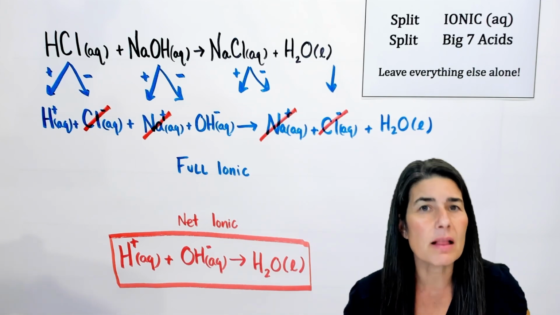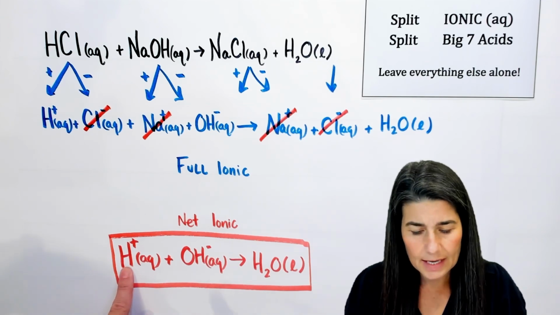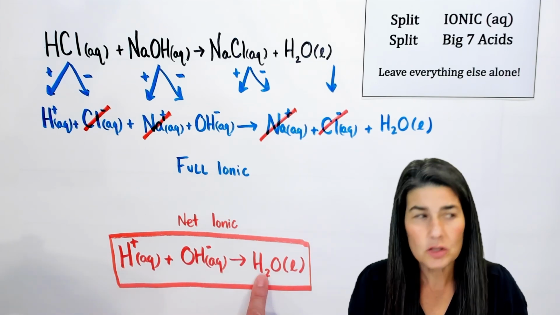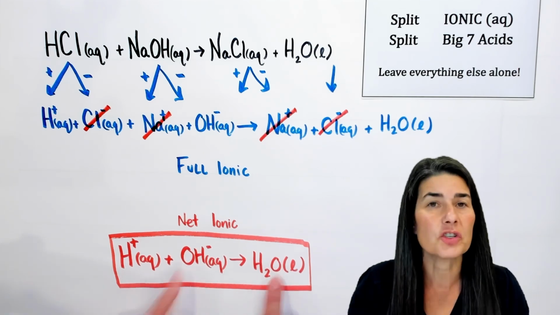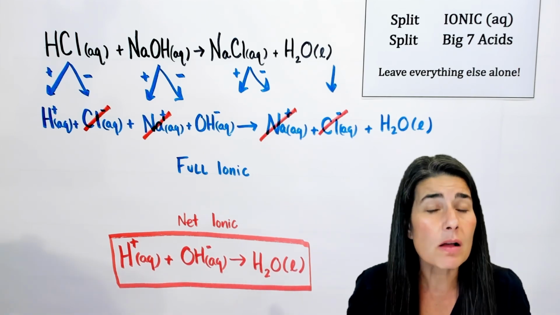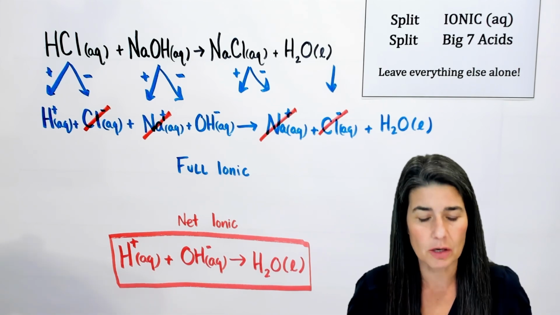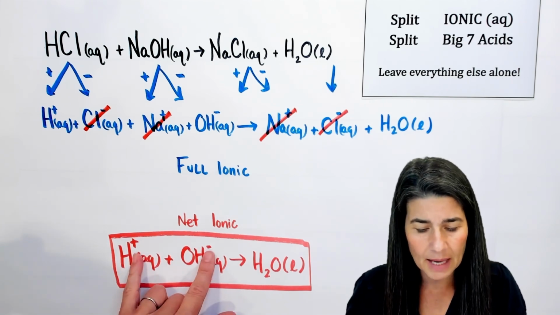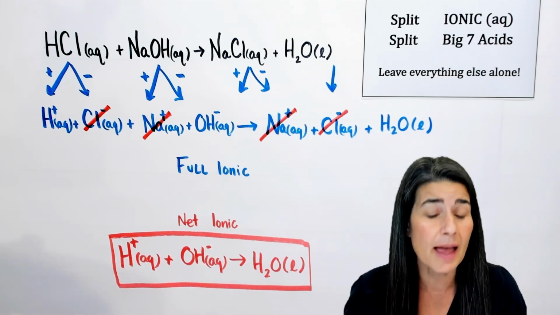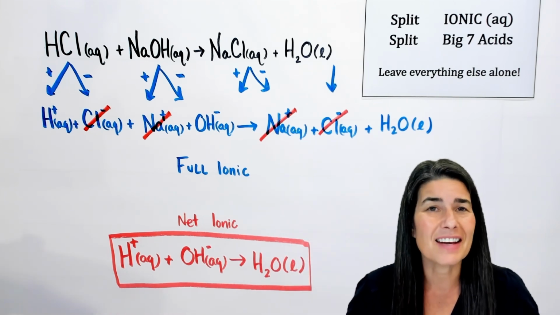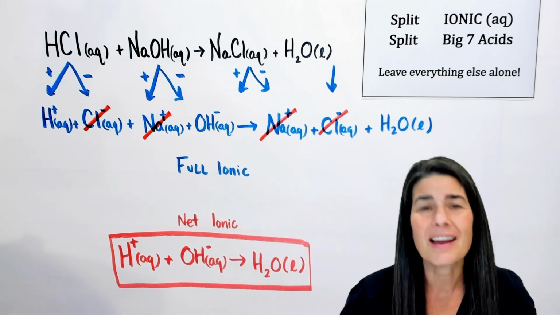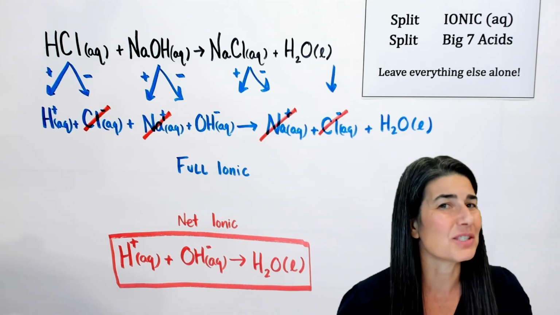Make sure that the elements are balanced. One H, two H's on the left, two H's on the right, one oxygen on the left, one oxygen on the right. But also make sure that your charges are balanced. A plus and a minus make a neutral on the left, and it's neutral on the right. So there is the net ionic reaction between hydrochloric acid and sodium hydroxide.